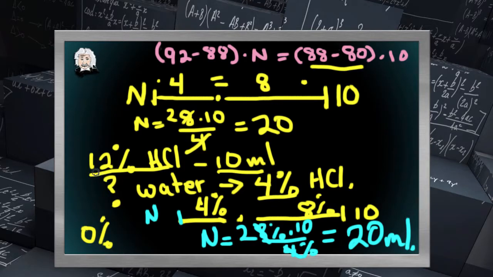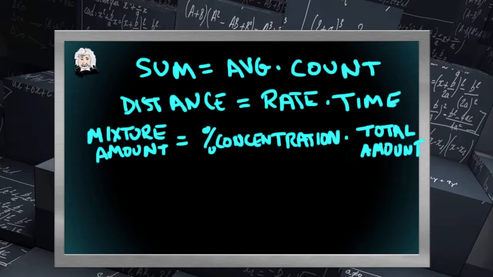So in this case, 12% is 8% difference from the target rate, and 0% water is 4% difference from the target rate. The amounts must be in inverse proportions to keep our seesaw nice and balanced. And to give you something further to noodle on, about 80 to 90% of your word problems will be either a mixture problem, a distance equals rate times time problem, or an average problem.